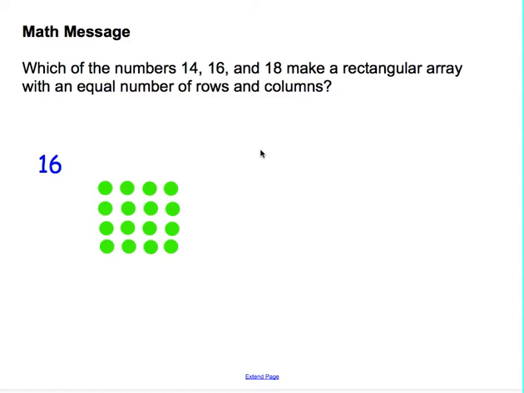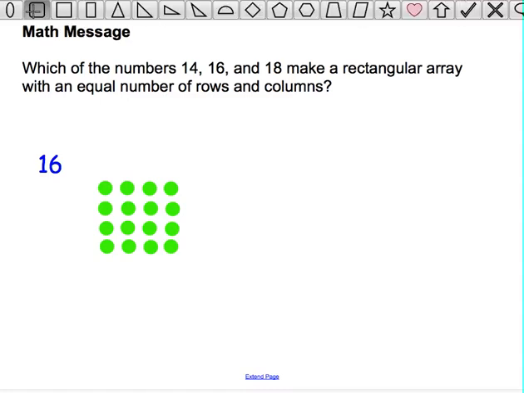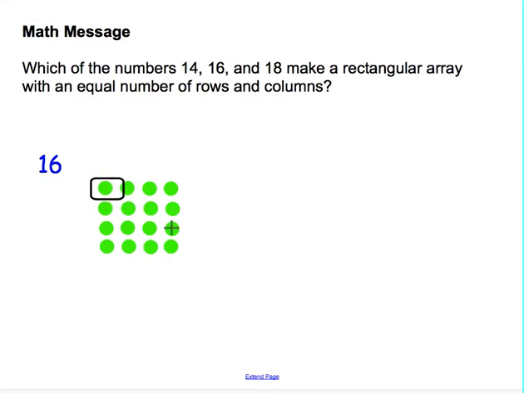Now, if you look at this array, we've got a 4 by 4 array. A 4 by 4 array is very similar to a square. It has the shape of a square. If we wanted to, we could draw a square around this array. It has an equal number of rows and columns.